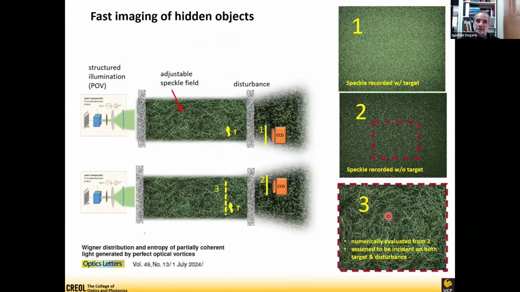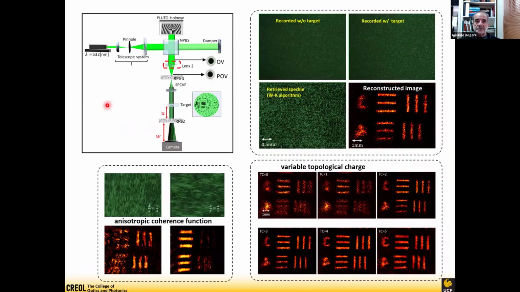You evaluate from this what would have been the initial incident field on the target, and when the dust settles, you have enough information to recover images of this nature with varying accuracies depending on the initial topological charge of the beam.